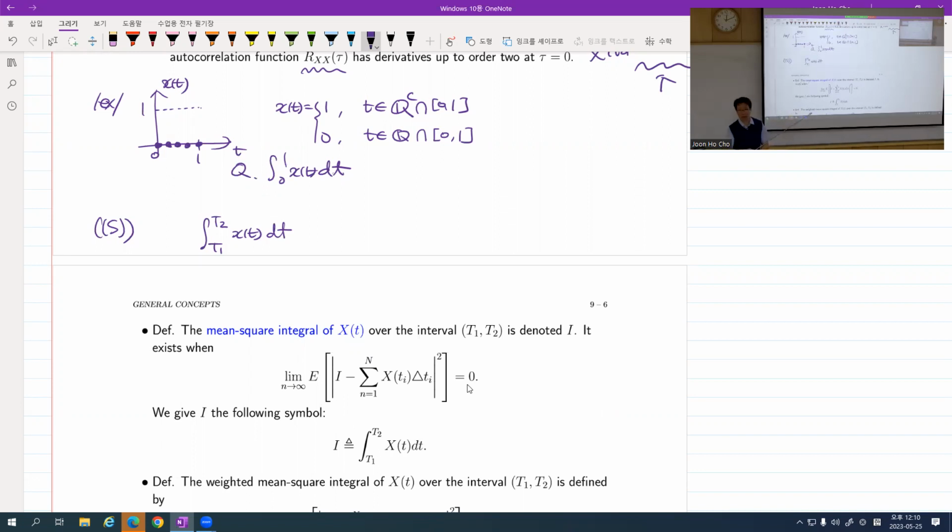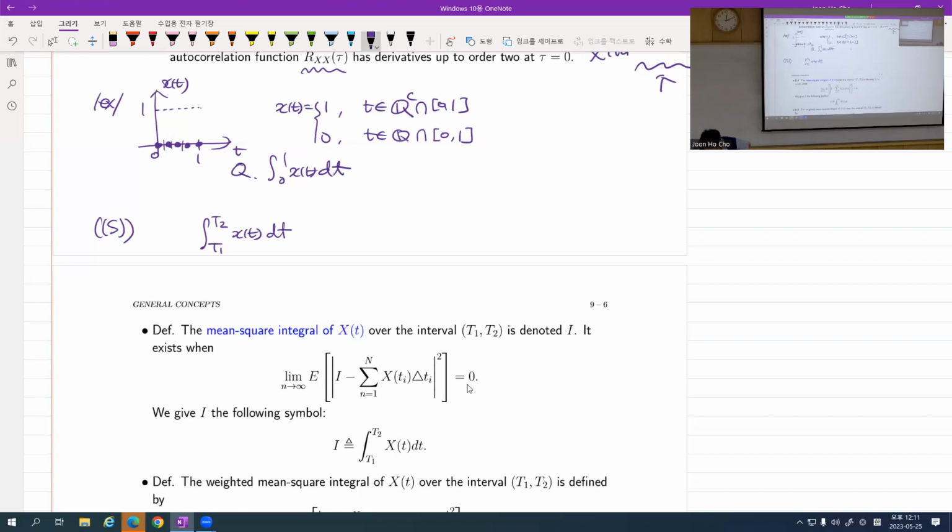What they do is divide that integration interval into non-overlapping intervals by considering so-called partitions. So we introduce some points, right?